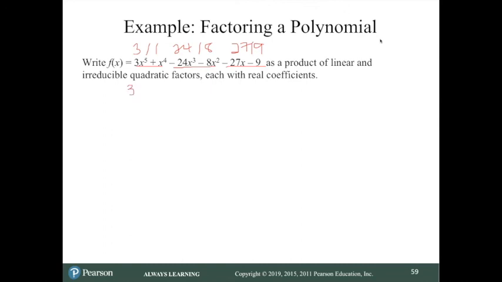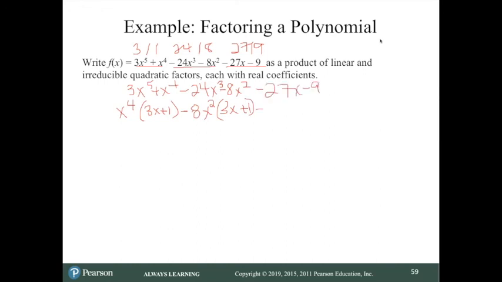So that tells me that it might be factorable by grouping. So we have 3x to the 5th plus x to the 4th has a GCF of x to the 4th, leaving us 3x plus 1, plus, or minus 24x cubed minus 8x squared has a GCF. Always factor a leading negative. So that's 8x squared as my greatest common factor, leaving us 3x plus 1, minus 27x minus 9.